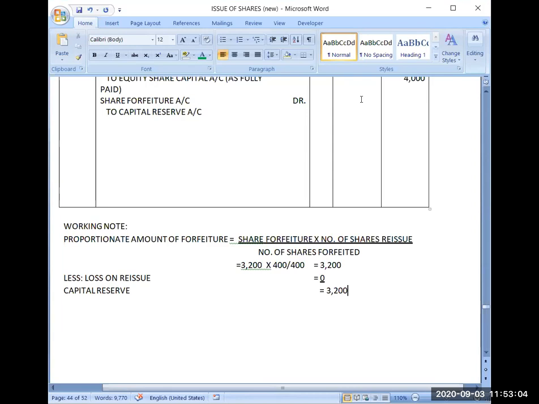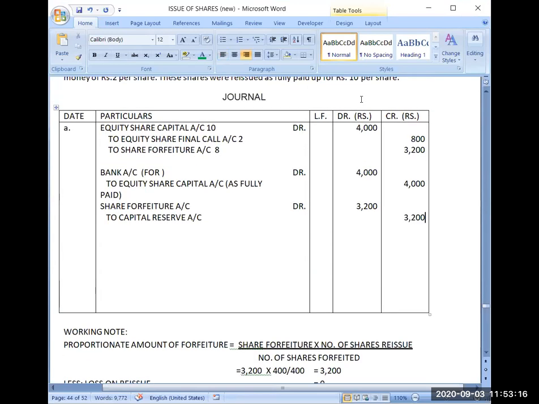So your amount will be here 3,200. Yes, please. This one is clear.